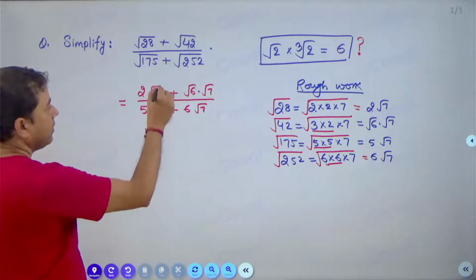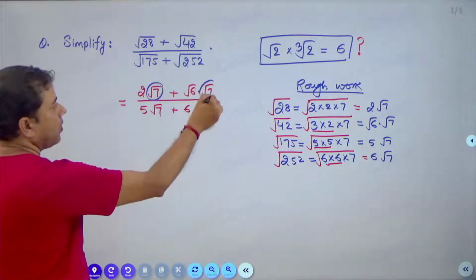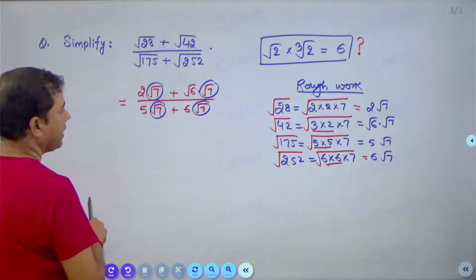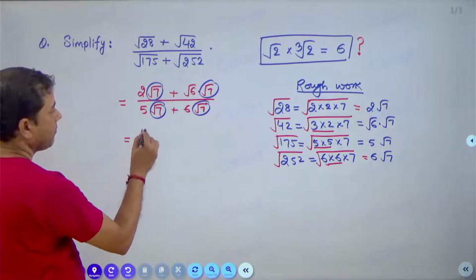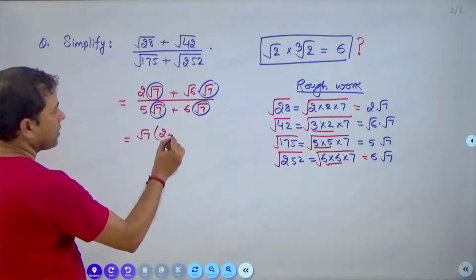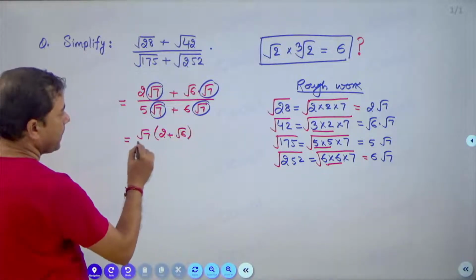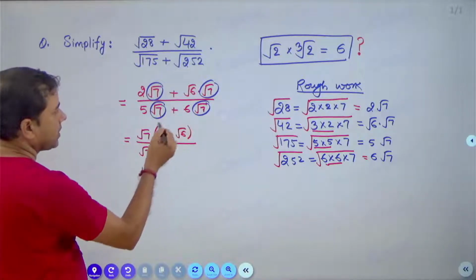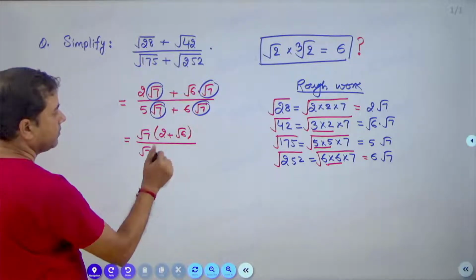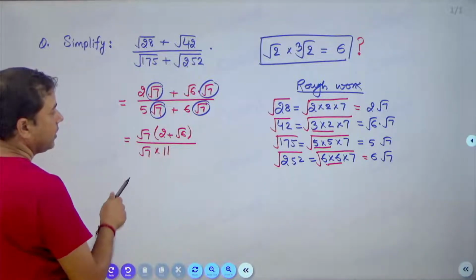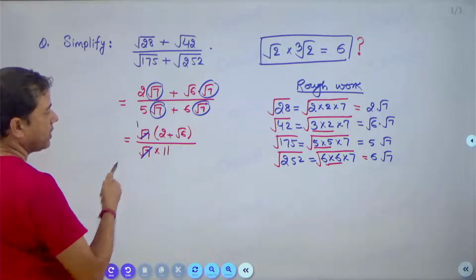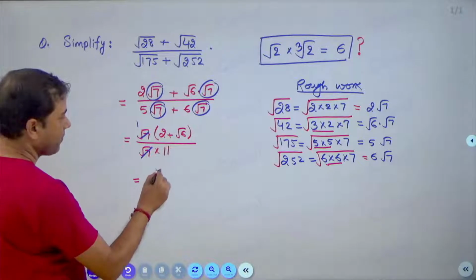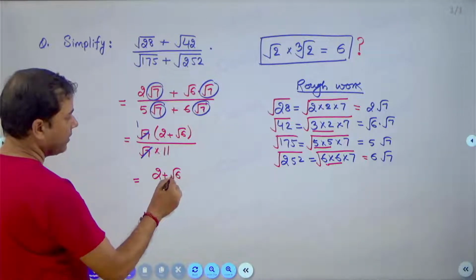Now root 7 is common in the numerator as well as in the denominator. We can take it out. 2 plus root 6 remains in the numerator. In the denominator, root 7 common, 5 plus 6 is 11. Root 7 cancels out. We have 2 plus root 6 by 11, and that's it. Simplified.